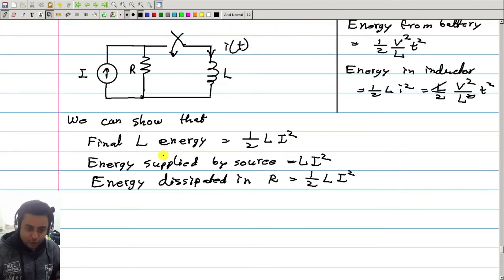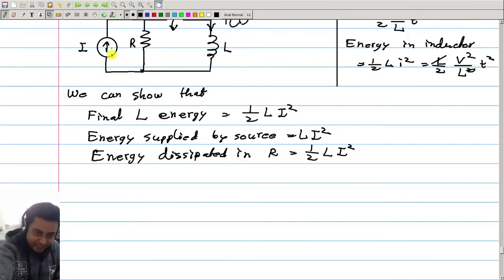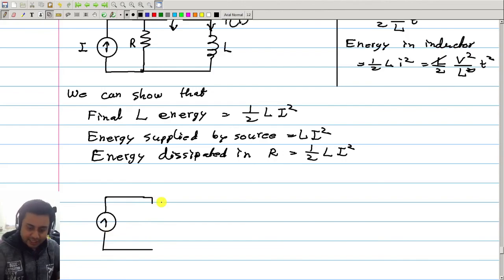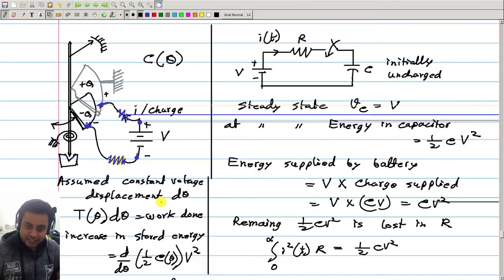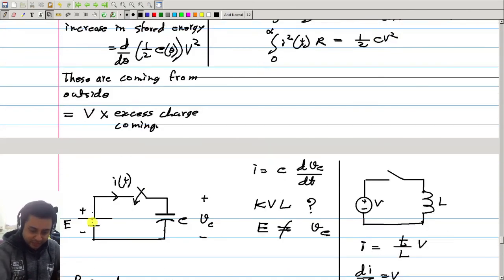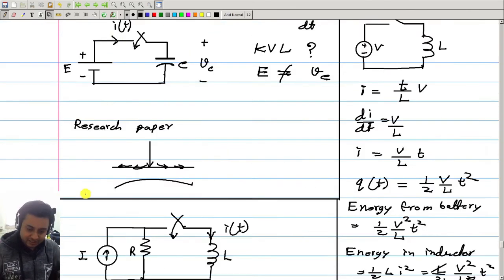Now in this case, let me think what happens if I remove the resistance, just like you removed the resistance here and came to this situation.